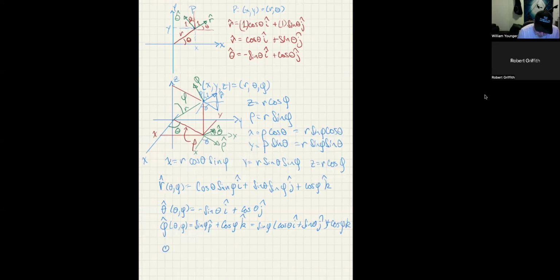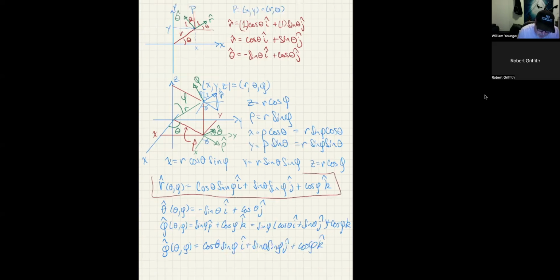So finally I have phi hat as a function of theta and phi, even though generally you just use the R one. But anyways, this is going to be cosine theta times sine phi i hat plus sine theta sine phi j hat plus cosine phi k hat. So in fact, these are what you really use.